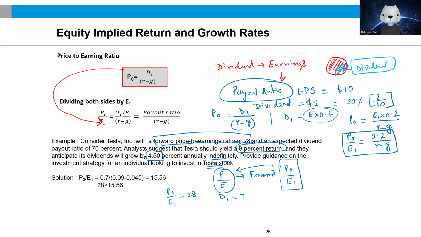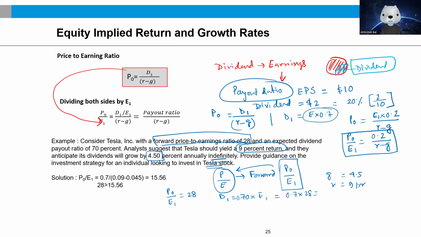70% of E1. Okay, so this is actually going to be 0.7 into 28, whatever that factor be. This is my D1. All right, and then the g has been given, which is 4.5%. r has been given, which is 9%. The rest of the thing is simply plugging those figures.